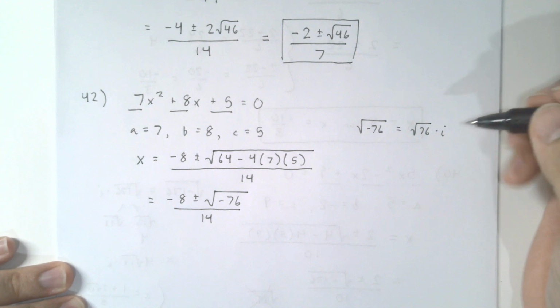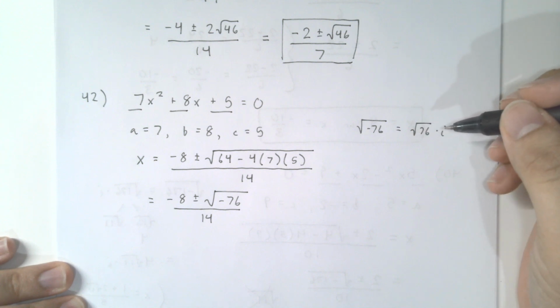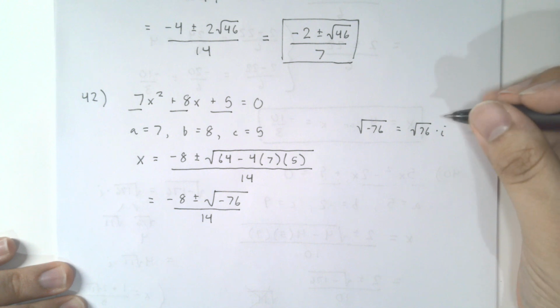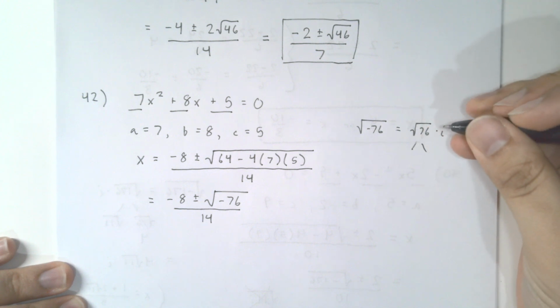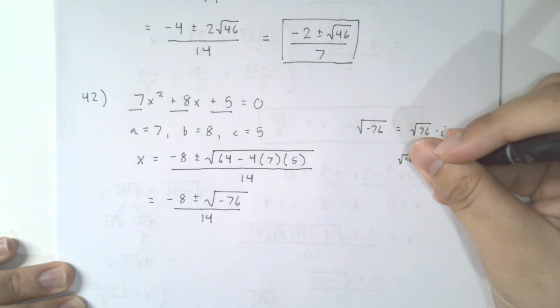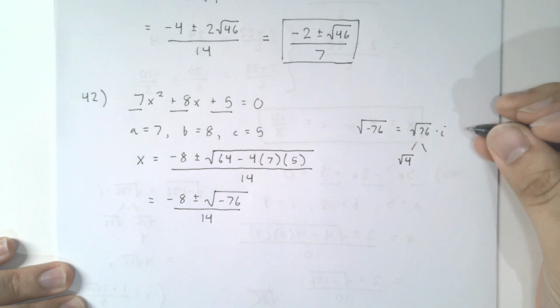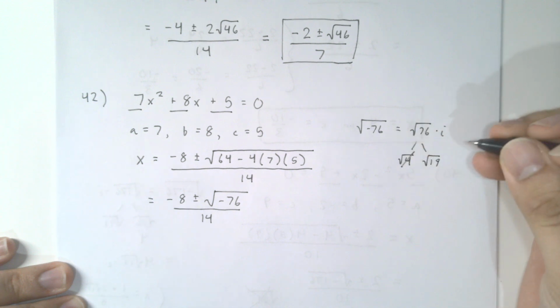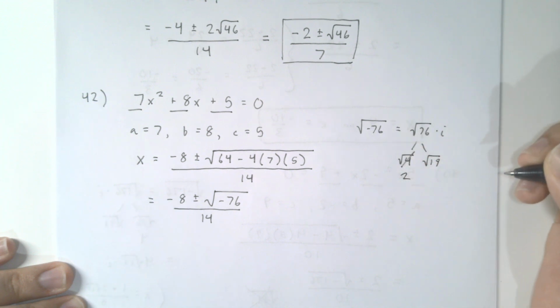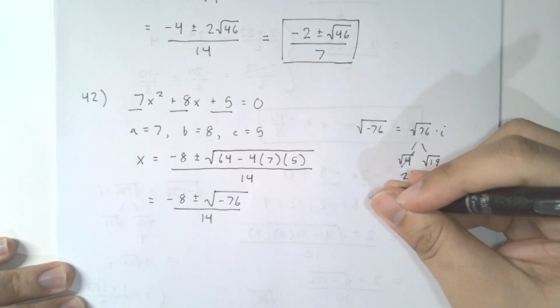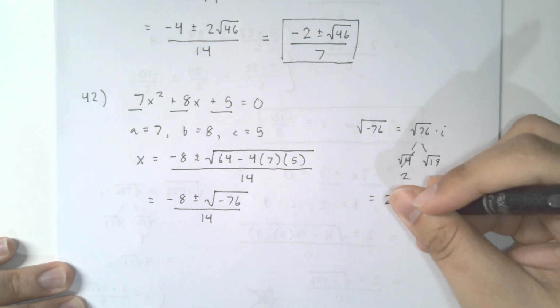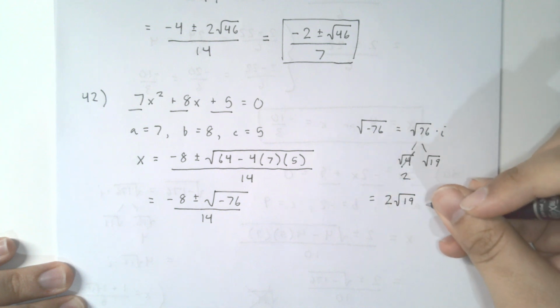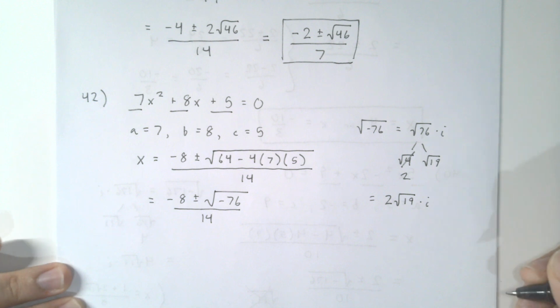And then we want to see if we can divide 76 by a perfect square to reduce this. So the biggest perfect square is actually just 4. So 76 divided by 4 is 19. Square root of 4 is 2, which means that this is all equal to 2 square root of 19 times i.